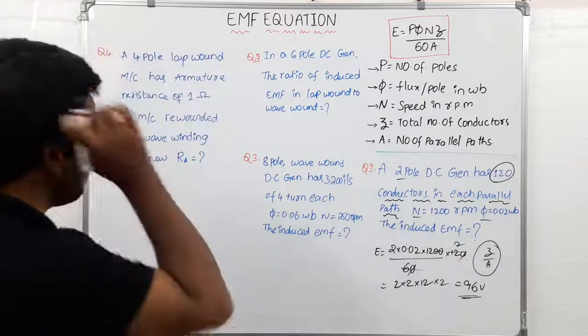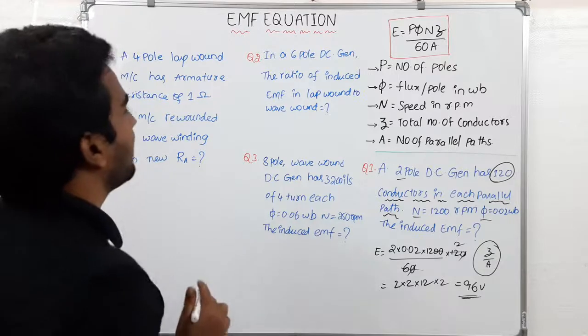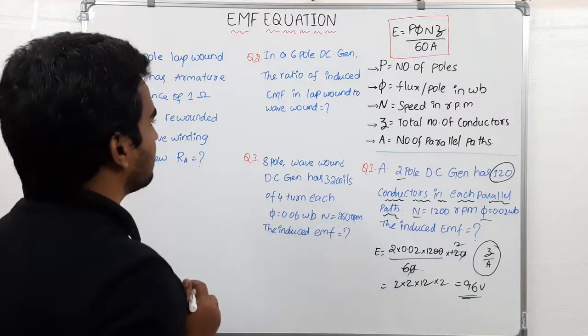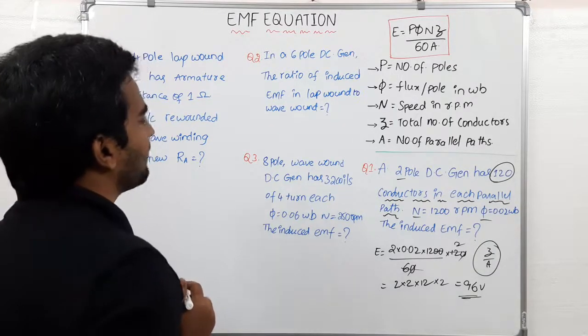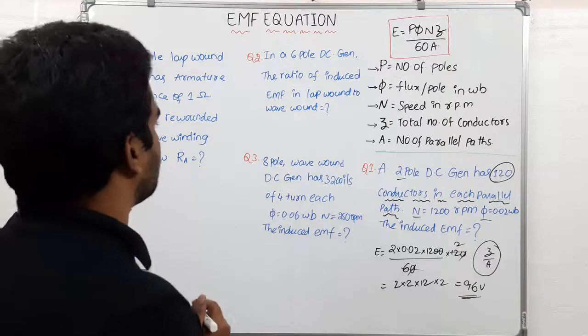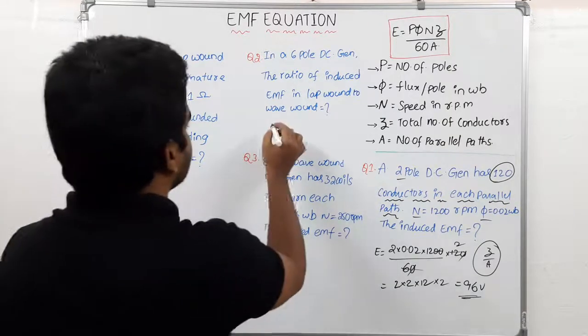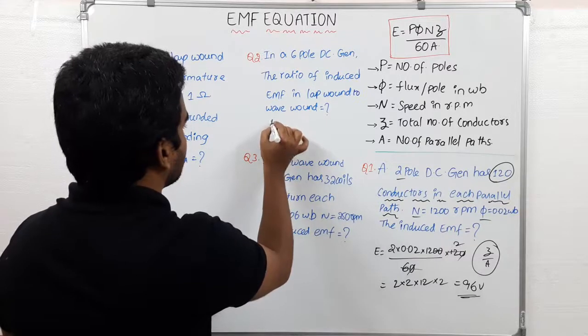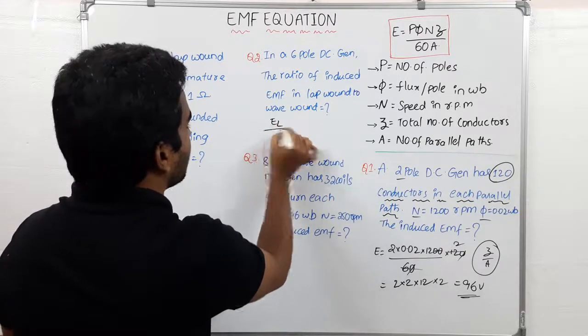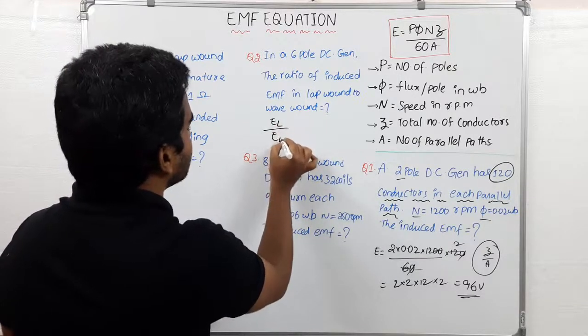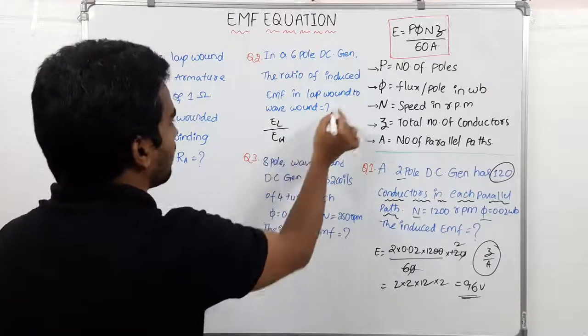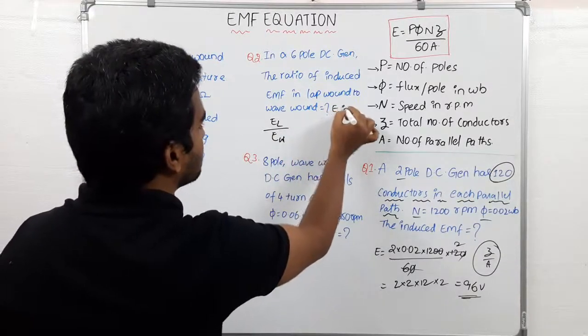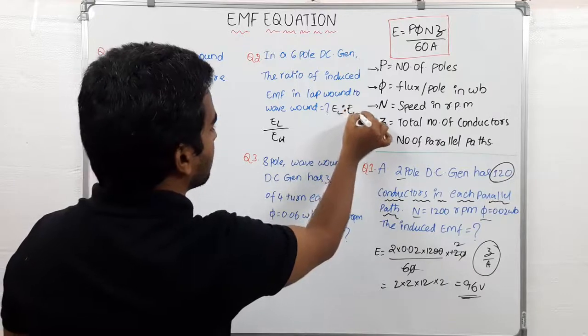Now let us come to question number 2. In a 6-pole DC generator, what is the ratio of induced EMF when it is lap wound to when it is wave wound? We require E lap wound to E wave wound.